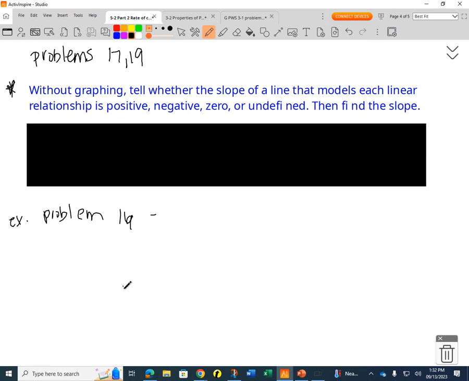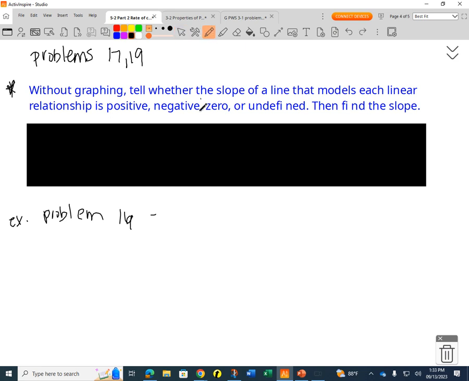It says the cost of tickets to the amusement park is $19.50 for one ticket and $78 for 4 tickets. The question is, does that situation represent a positive slope, a negative slope, a 0 slope, or an undefined slope?